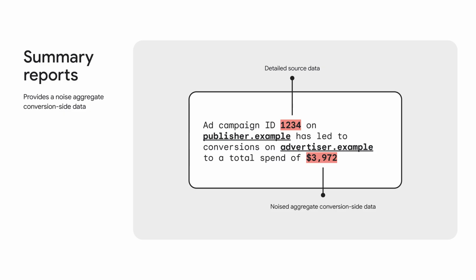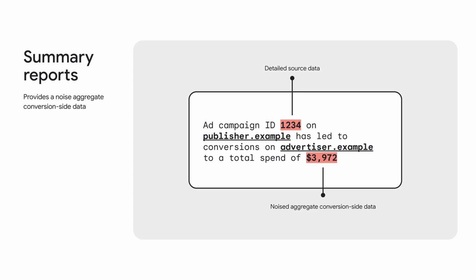Let's suppose that you want to learn about the total spend from conversions attributed to an ad campaign. A summary report that includes data from many different users can help you learn this information. However, before the data is reported to the ad tech, we add noise as a privacy protection.